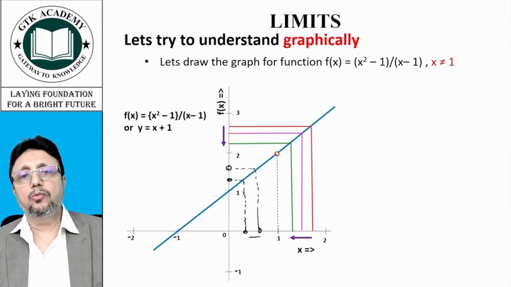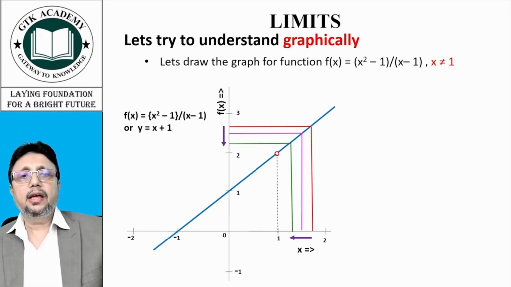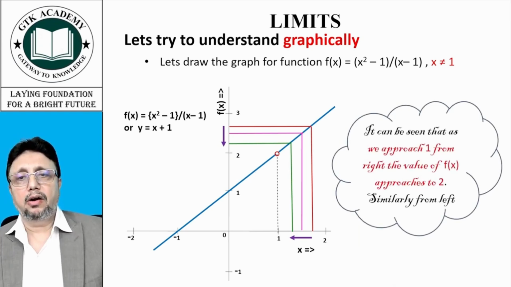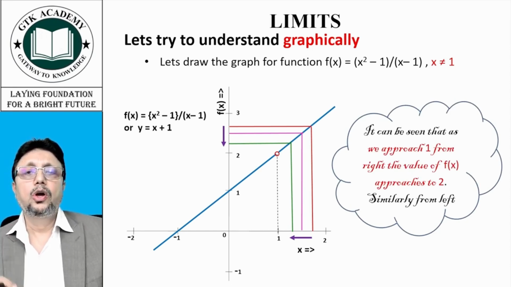As you start moving towards 1 from the left side, you see the value again starts approaching 2. So we can easily see from the graph that as we approach 1 from right, the value of f(x) approaches 2. Similarly, from left also it approaches 2. So the limit in this case is 2.